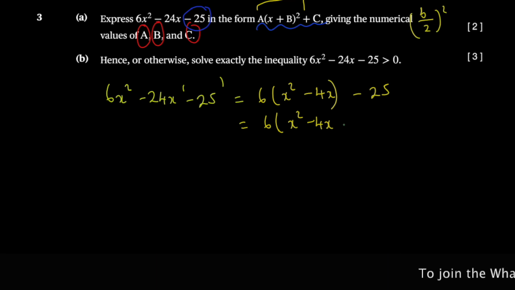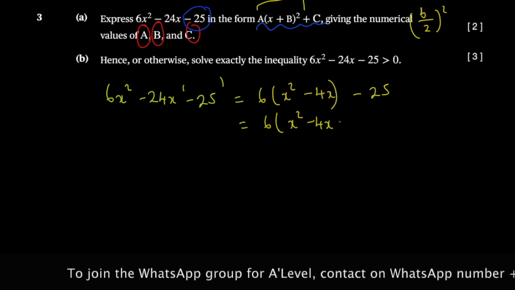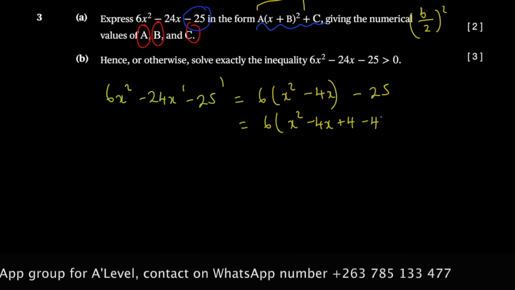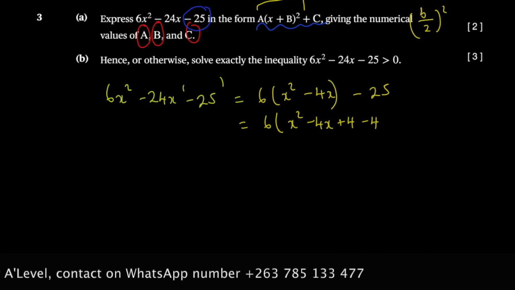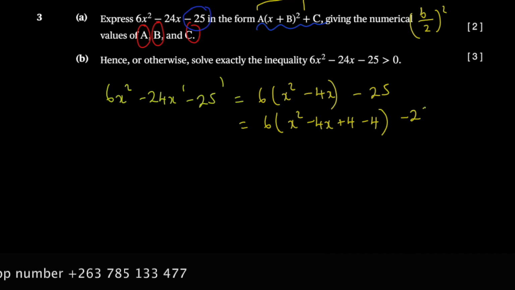This is what you want to add. So you'd actually need 4. It's 4 divided by 2, you get 2, then squared, you get 4. So I'm going to say plus 4 here, but then I'm also going to say minus 4. Why is that necessary? This is necessary to maintain the balance for the expression.